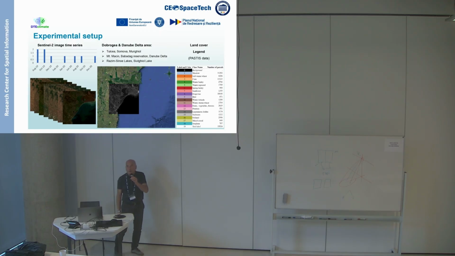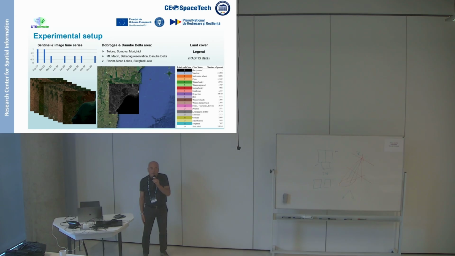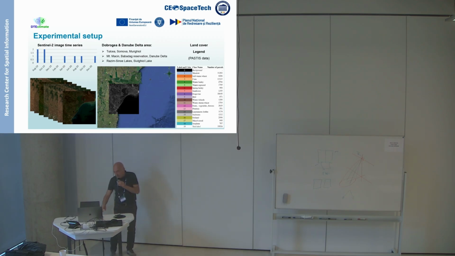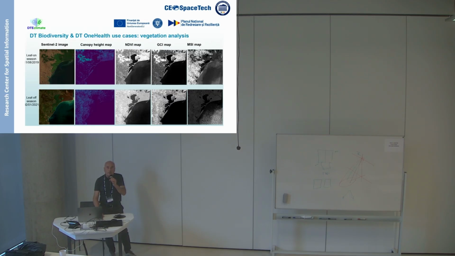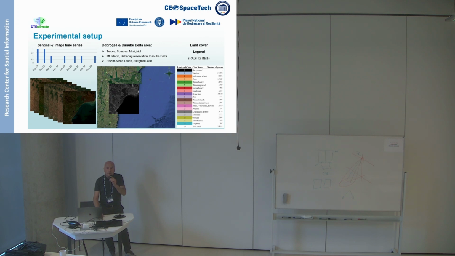We started with an area on the Black Sea and Danube Delta, because this area has a huge diversity, from urban water bodies to hilly forest, and definitely the Danube Delta and the Black Sea. So we have a huge diversity of features. We built a time series beginning in 2017 until 2023, and we continue to extend it.